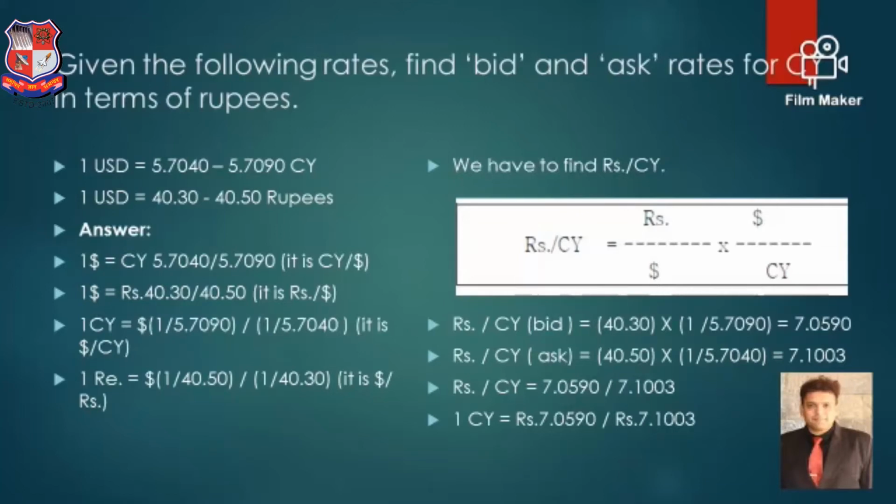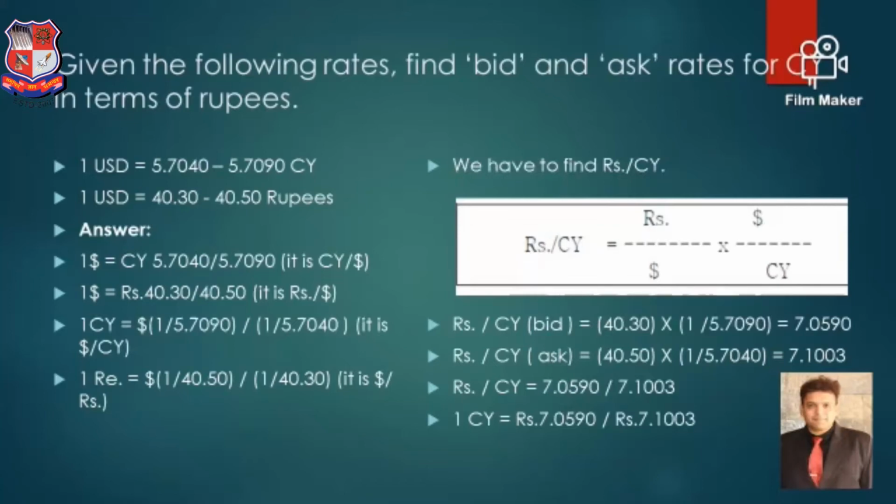That comes to 40.30 multiplied by 1 divided by 5.7090, which is 7.0590. That is the bid rate quote between rupees and Chinese yuan. So when we sell one Chinese yuan, the bank will give us 7.0590 rupees.